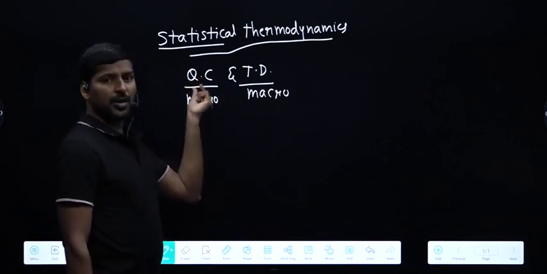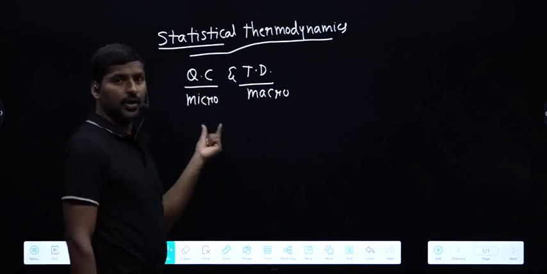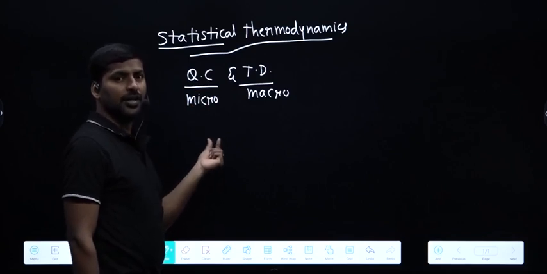For example, from quantum chemistry we get the various possible energy levels for a given system.